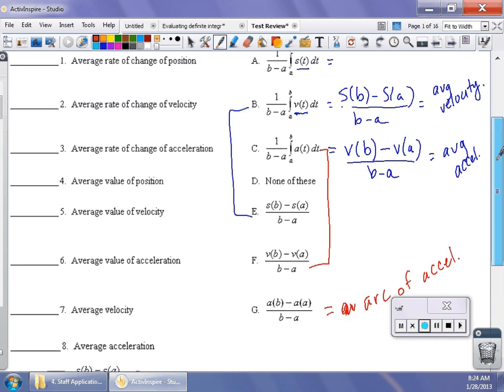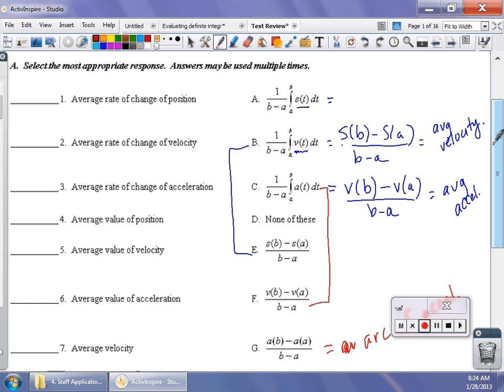Alright, so let's see what we got here. First one says average rate of change of position. Well, the average rate of change of position is equal to average velocity. So average rate of change of position, since it's average velocity, would be B, and it would be E. Those two are the same.